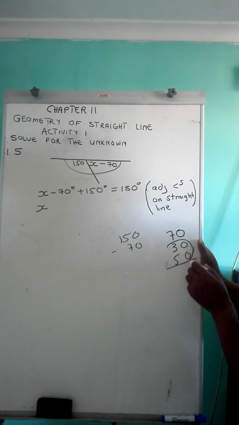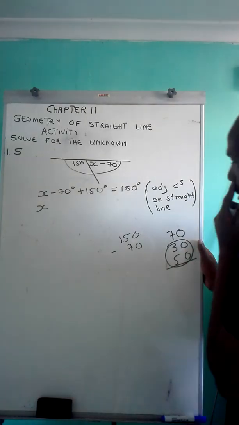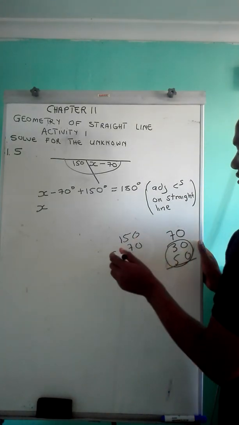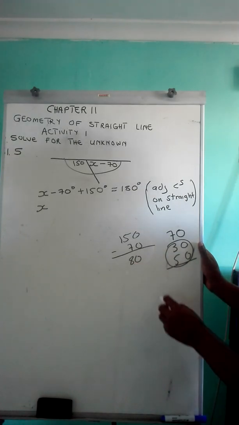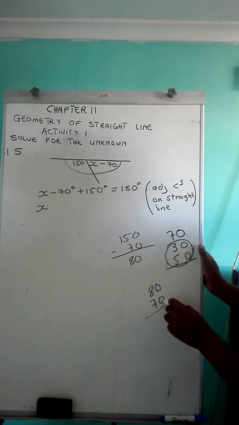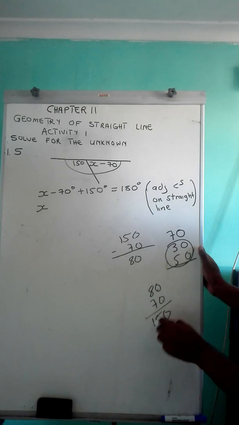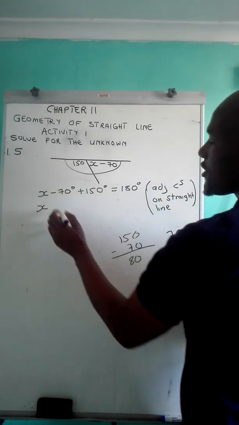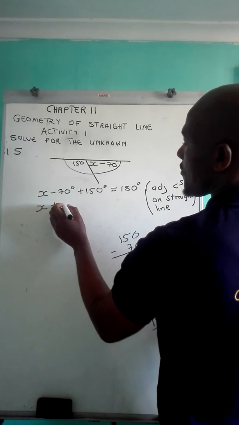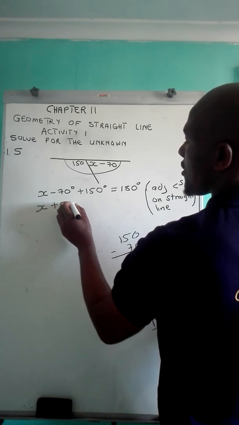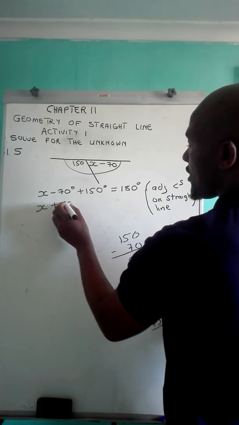So that means it is 80. So 150 minus 70, the answer is 80. You can double check: 80 plus 70. 0 plus 0 is 0. What is 7 plus 8? It's 15. So it's 150. So it's 80 degrees, sorry.